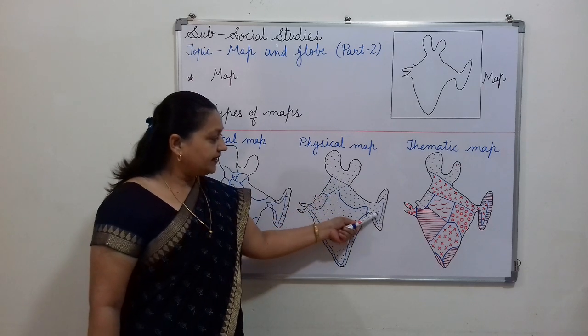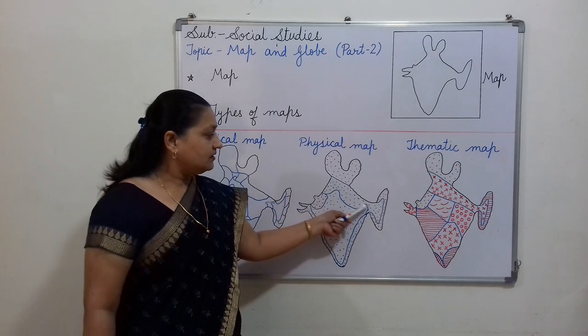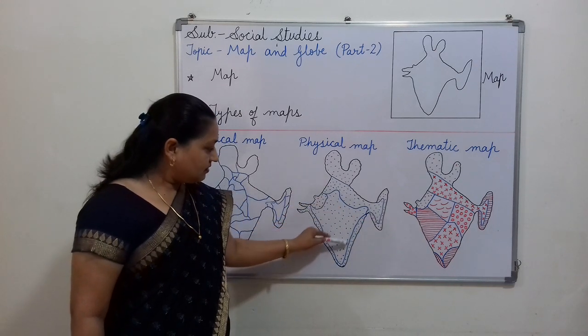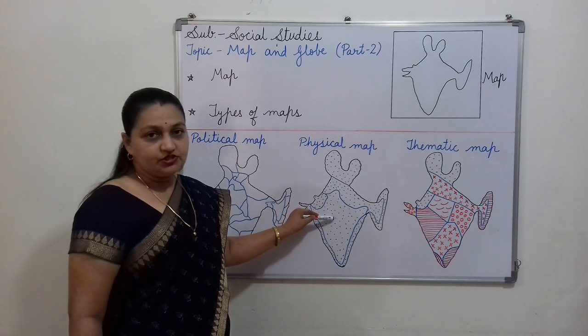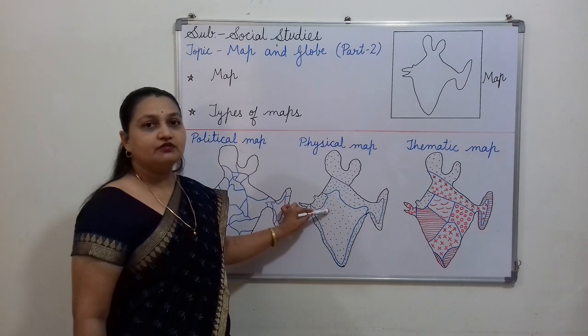Here the green dotted area, so these are the plain regions of India. Now the black dotted area, it is showing the plateau region of India.